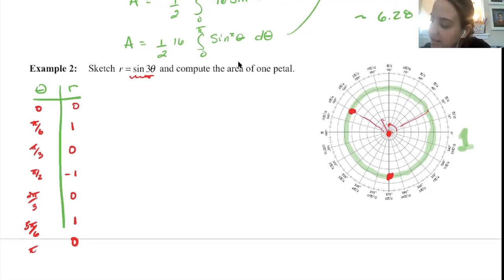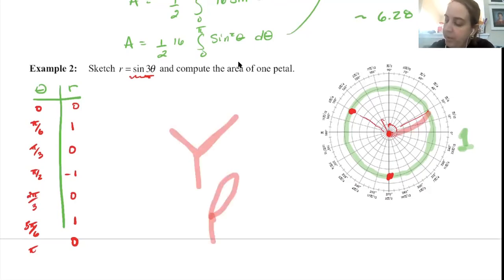All right, so what does this look like? Well, you want to sketch this in. Let's go for a highlighter. So 0, 0, pi over 6, 1. It's not going to be in and out and in and out and in and out. Remember, these are polar. They're loopy. They're smooth curves. So 0, my radius of 1, back through 0, I had a radius of -1, back through 0, a radius of 1.